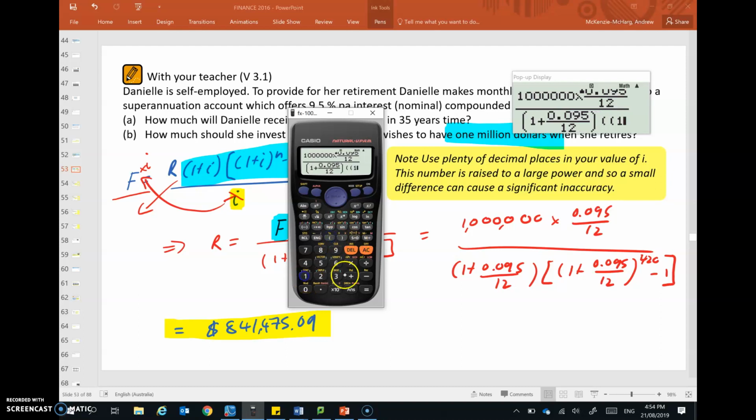Fair bit of typing to do. Make sure that you practice this. Make sure that you can put these into the calculator correctly. It's very easy to make mistakes.